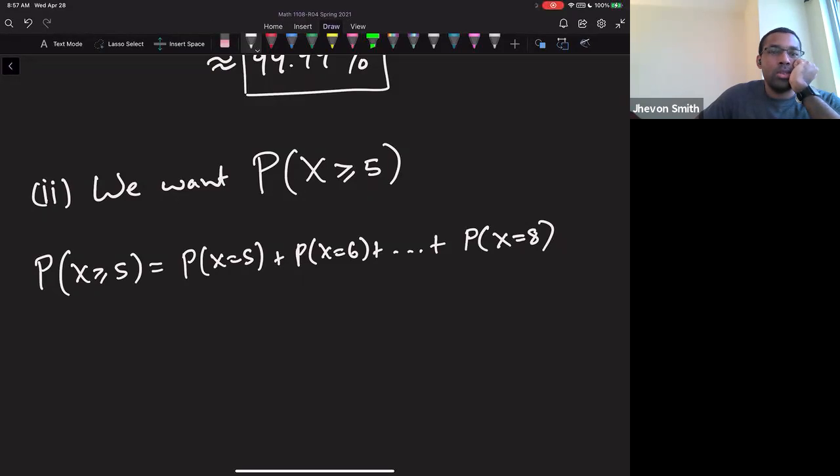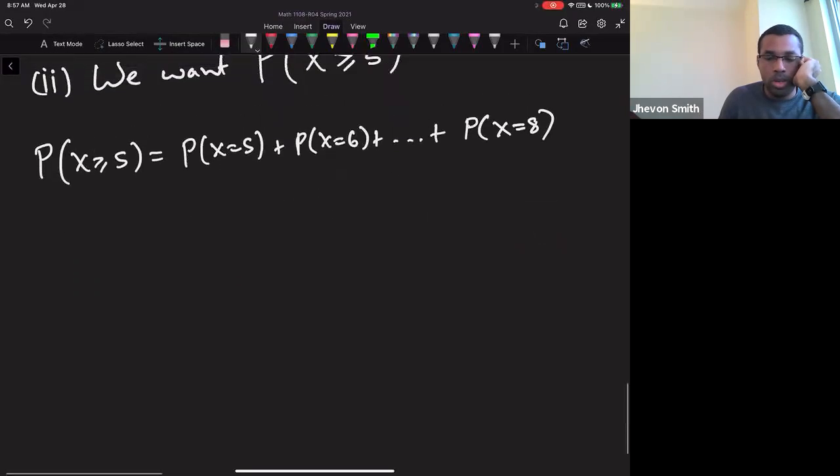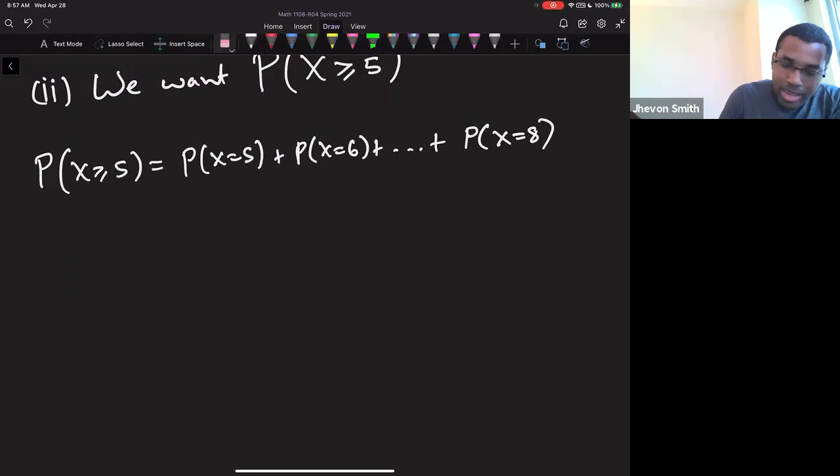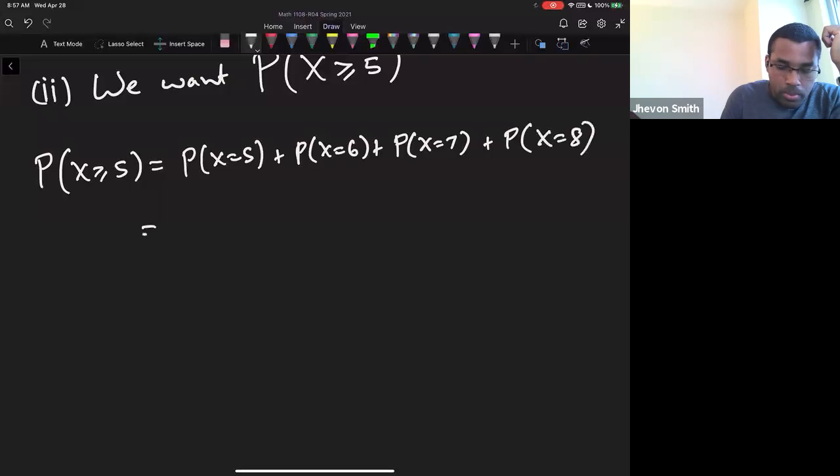And you can just do this directly. So, I mean, there's only one. I don't know why I put ellipses for just one of these guys. Probability that x equals 7 plus the probability that x equals 8. So this is going to be 8 choose 5, the 5 people who can donate. The probability that they're able to donate is 0.84. Probability that they're not able to donate is 0.16.